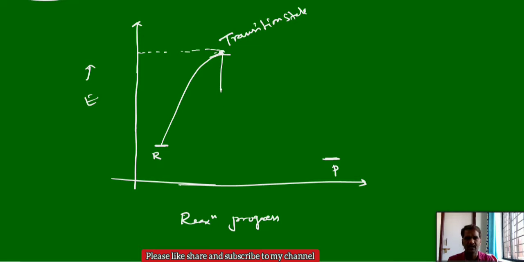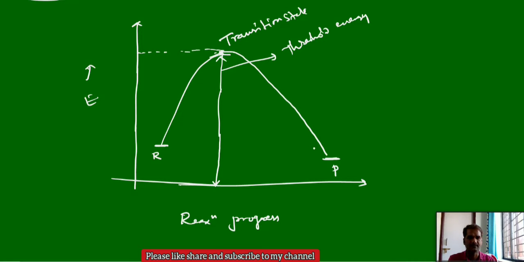This overall energy we call threshold energy, from here to here. This is the energy required to overcome the attractive or repulsive forces, whatever it is. After reaching this maximum energy state, there is a chance the molecule may come back to the reactant state or it may go on to form product.